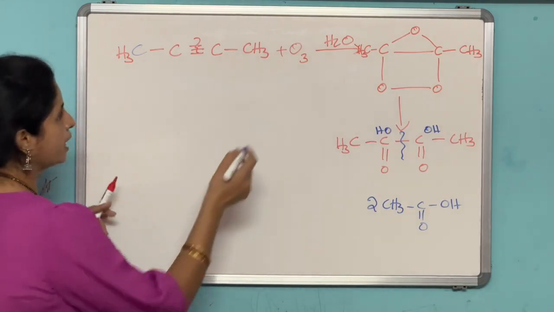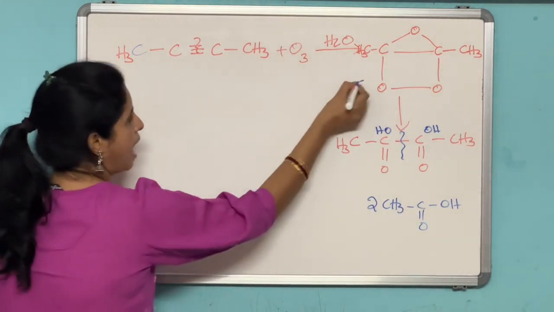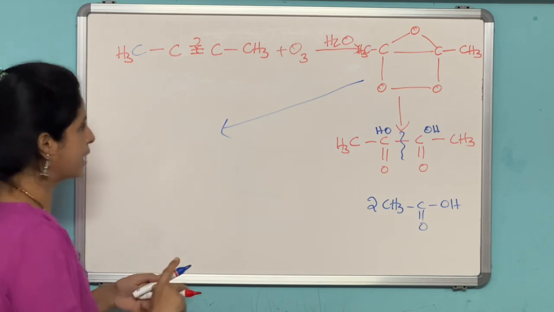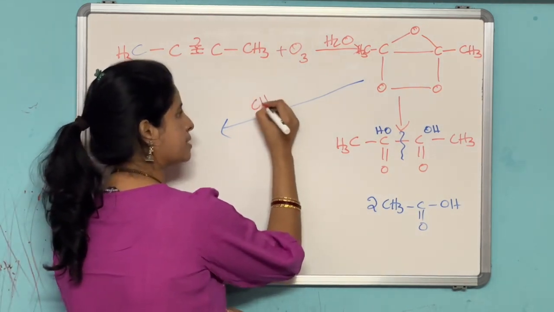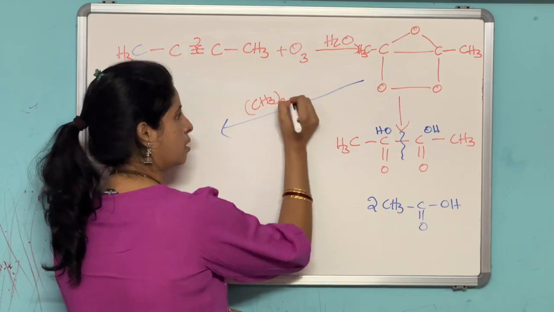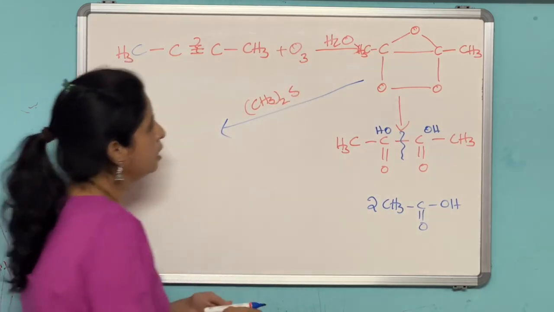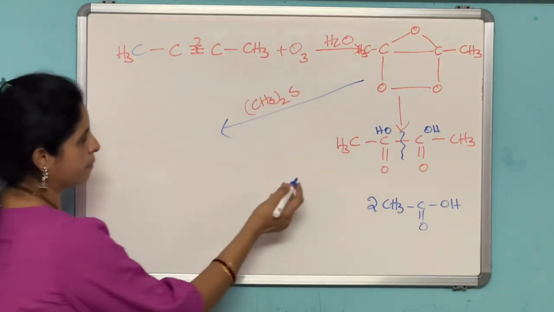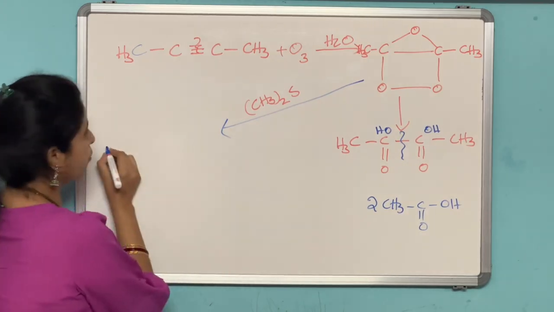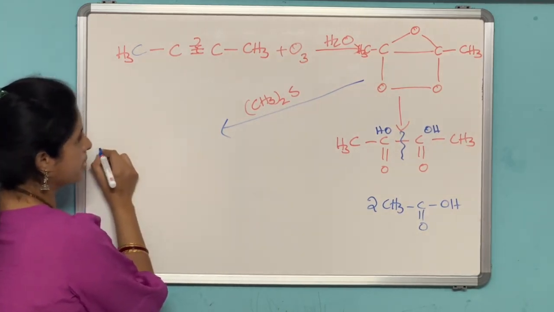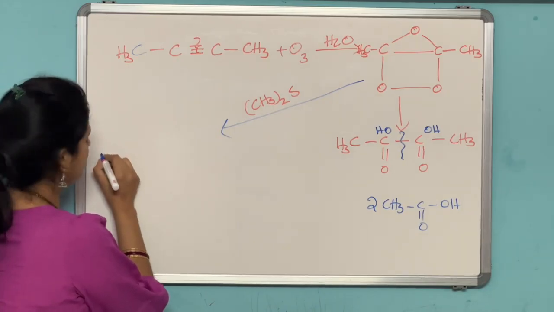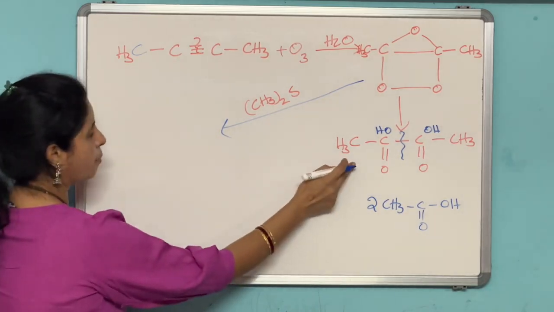Okay. So here the same ozonide under the other conditions. What are the conditions? Here it is dimethyl sulfide you take. Okay. So here in both the cases this will be formed commonly.